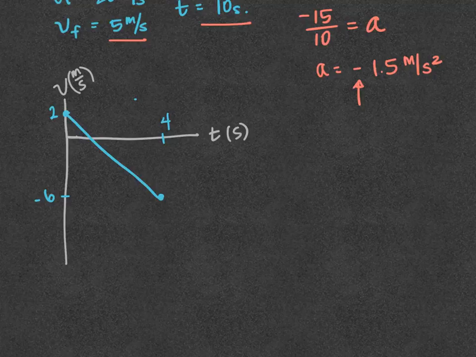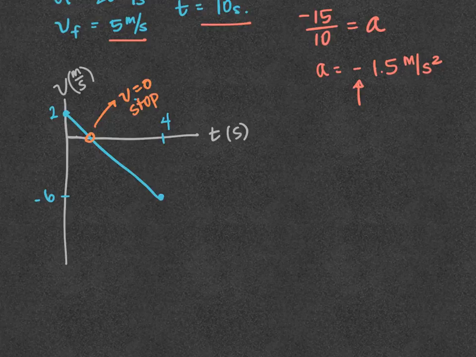Now that negative slope tells me the acceleration will be negative. Now if you remember, at this moment right here, the velocity is 0.